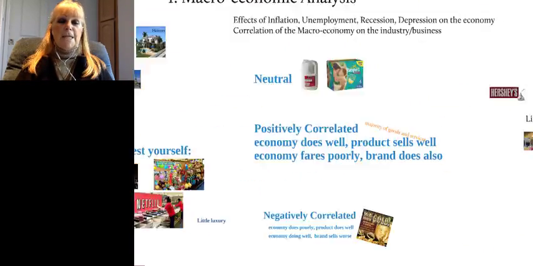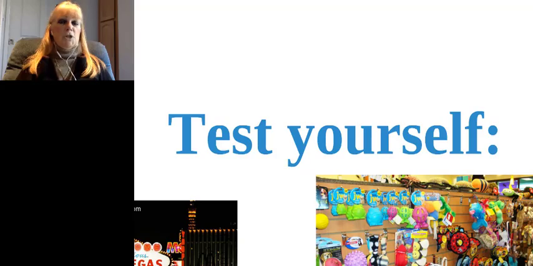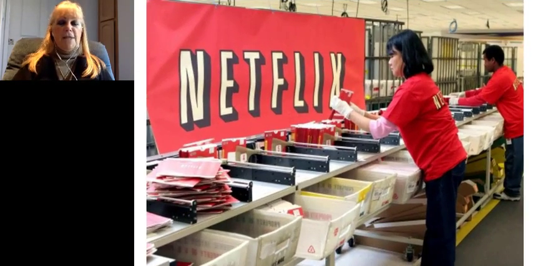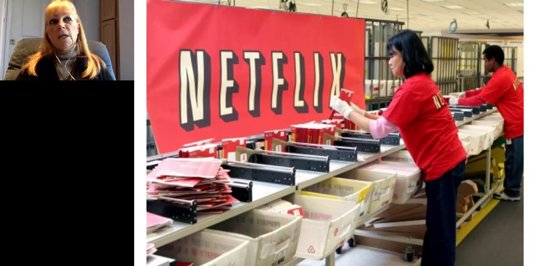Let me give you a little test here and see if you can actually test yourself. Netflix. How does Netflix do? Is it positively or negatively correlated with the economy? This one is very negatively correlated. Netflix was able to take really big advantage of being a little luxury in 2008, 2009.